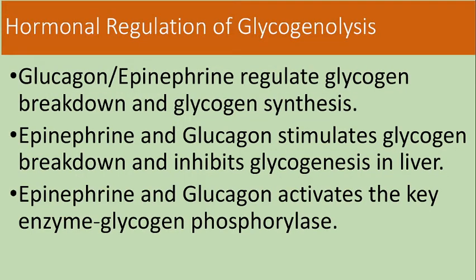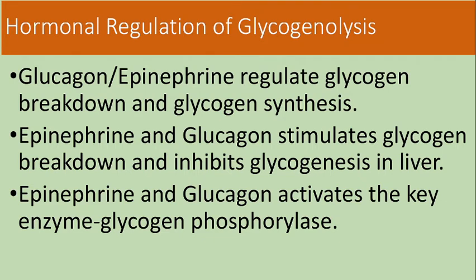Hormonal regulation of glycogenolysis. Glucagon and epinephrine will regulate glycogen breakdown as well as glycogen synthesis. Epinephrine and glucagon will stimulate glycogen breakdown and inhibit glycogenesis. So when glycogenolysis is taking place, the other pathway, glycogenesis, should not occur. Simultaneously, both glycogenolysis and glycogenesis will not occur.